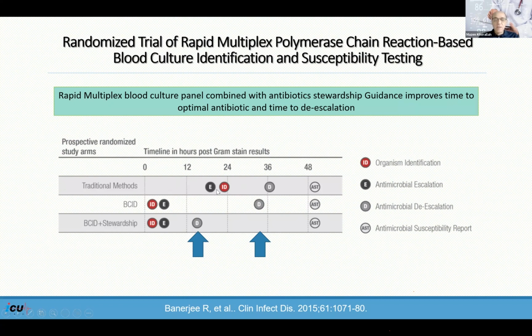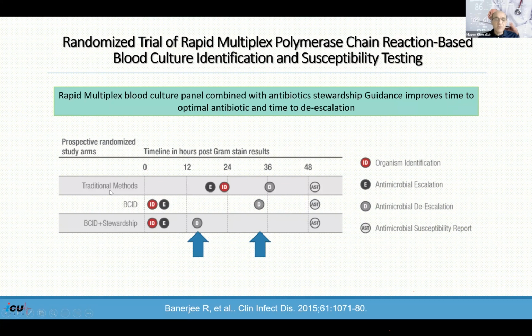We can get the identification of the organism within 24 hours, let's just say. At that time, we may expand. The E stands for expansion or escalation, and the D is de-escalation. So you get the ID and you wait for the sensitivity before you de-escalate. So de-escalation occurs around 36 to 48 hours.